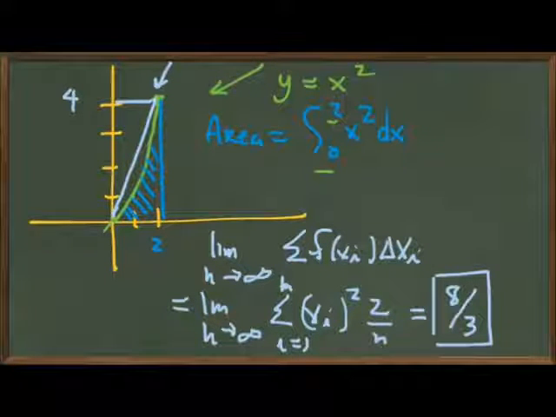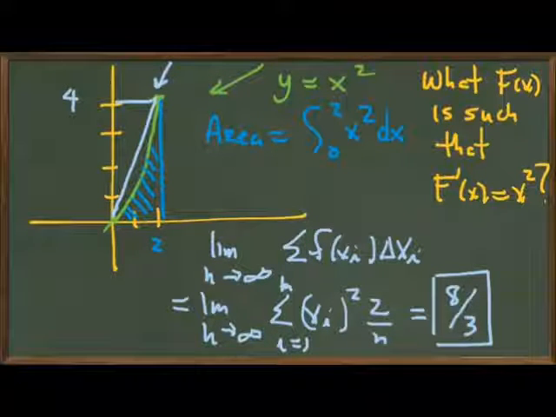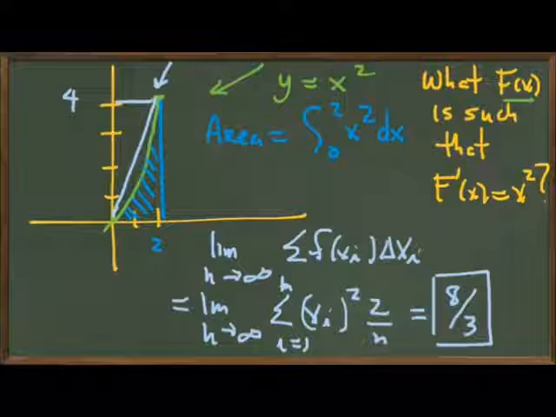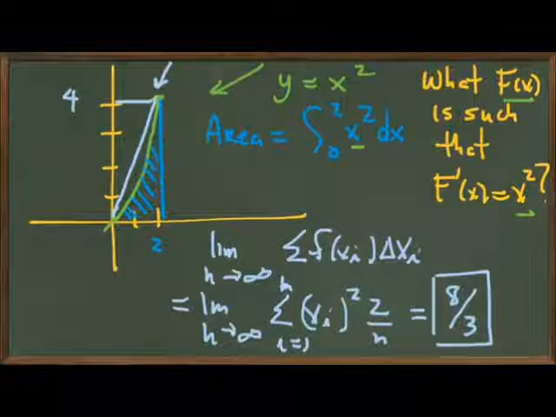So all we have to do is find the capital F. So we ask the question, what capital F function is such that its derivative is this x squared? And that's an easy question to answer if we think about it a little bit. It is just this function, right?